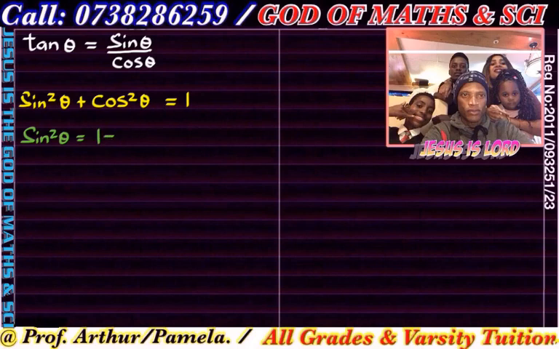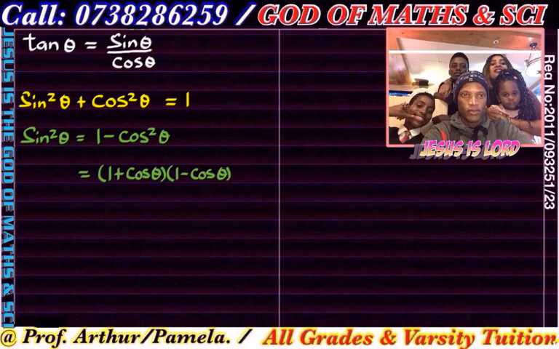So you're gonna have 1 minus cos squared of theta. But this you can factorize. You can write it as 1 plus cos of theta into 1 minus cos of theta.